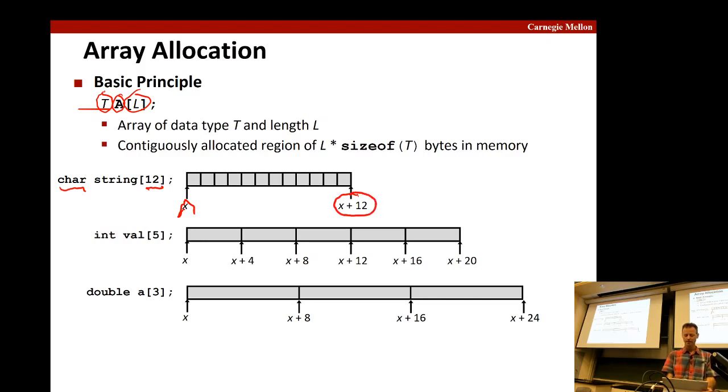Another example, we have ints. So ints are 4 bytes, and so each of the elements is going to count for 4. And there's 5 of them, so that's how we get all the way from X to X plus 20. And doubles, since they're 8 bytes, and there's 3 of them, you'll get up to X plus 24. Okay?